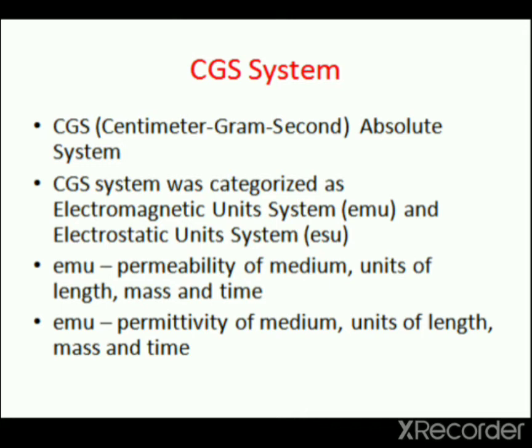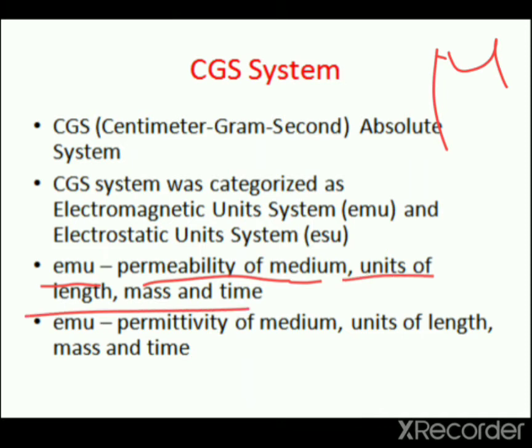Next is EMU. What is EMU? That is the electromagnetic units system. In this system, units of four physical quantities are involved, such as permeability of the medium, that is mu, and the unit of length, mass and time. These are the four quantities.